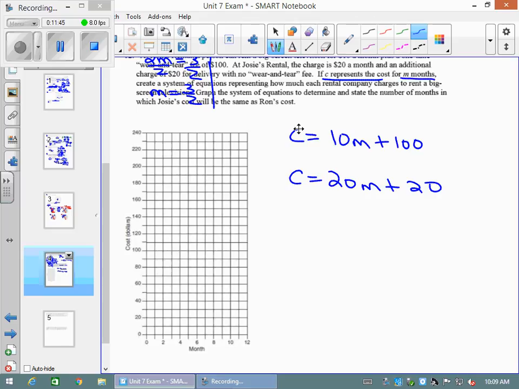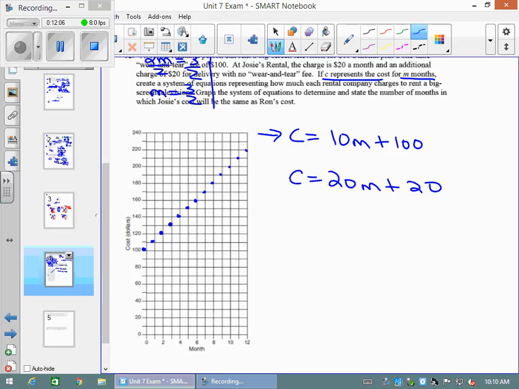So I'm going to start with this first function here. So I know my y-intercept is 100, and my slope is 10. But notice the boxes on the y-axis are going up by 10. The boxes on the x-axis are going up by 1. So really, going up one box, over one box to draw. Oops.